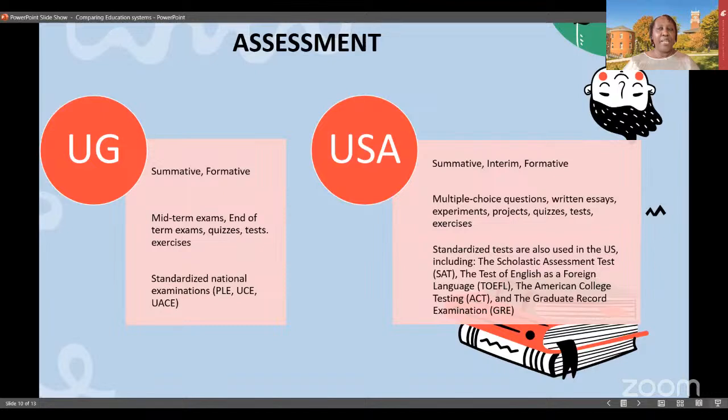And then I want to jump to the interim because it's on the US side. The interim is an assessment that is offered at specific intervals to evaluate mastery of knowledge for students and inform the instruction.